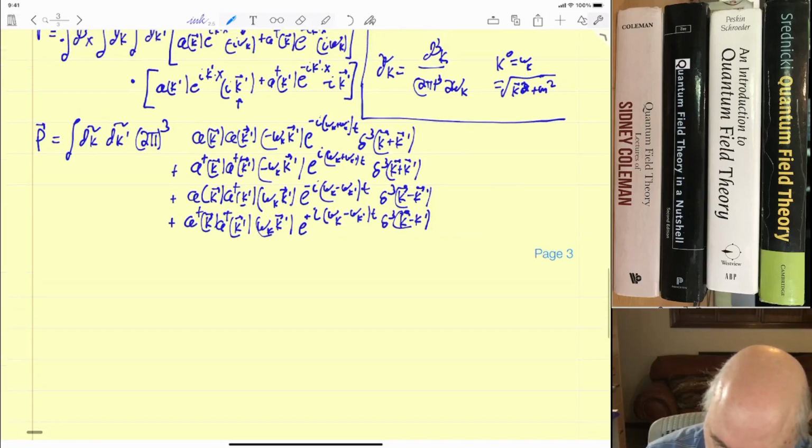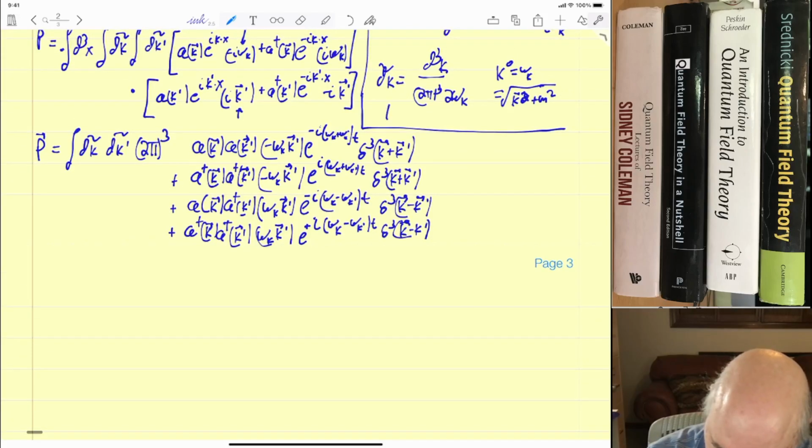First of all, using this one here on the d k prime tilde, the 2 pi cubed here will cancel this thing over here. And then we're going to have a 2 omega k. All of these delta functions evaluate so that omega k is going to be the same, so that's going to cancel all the omega k's in here.